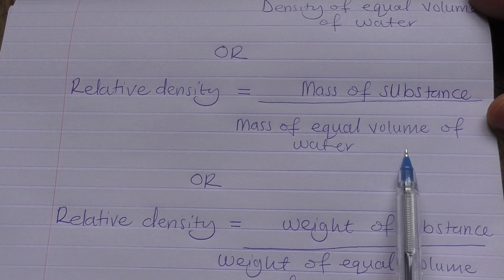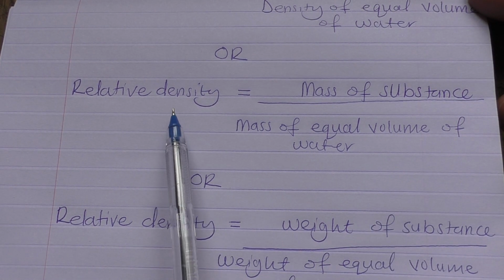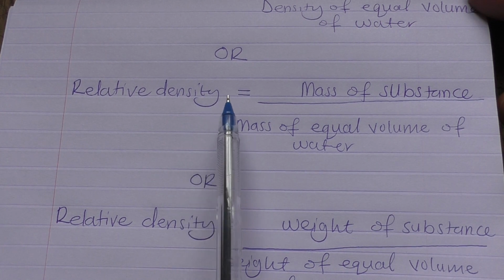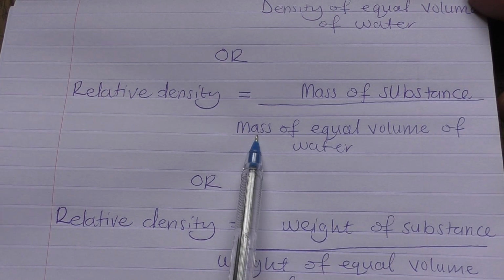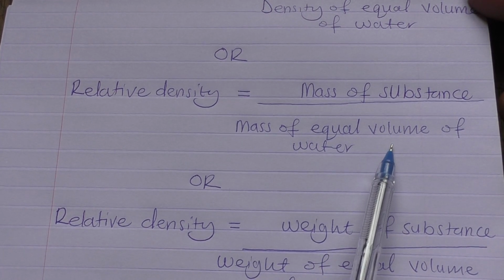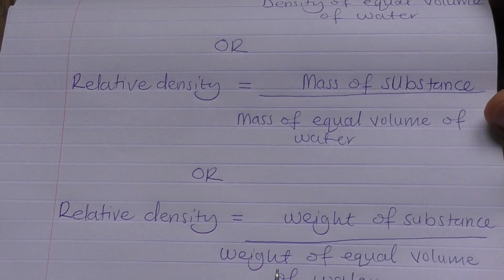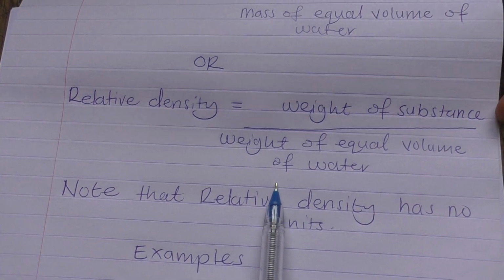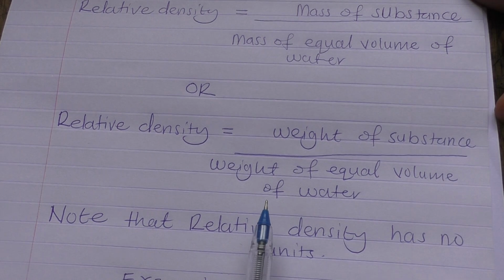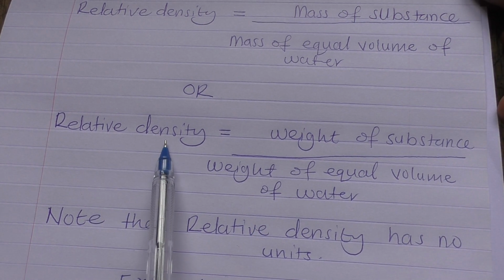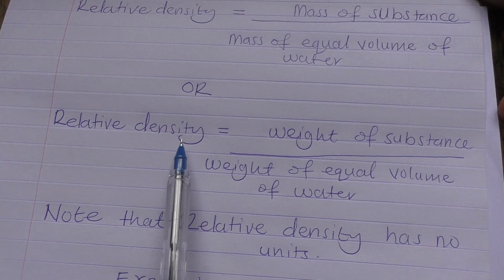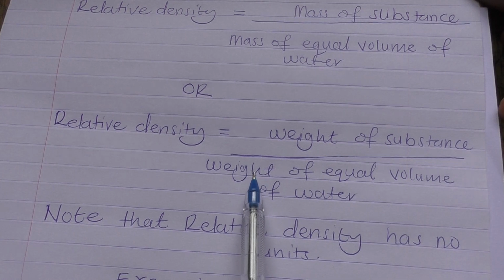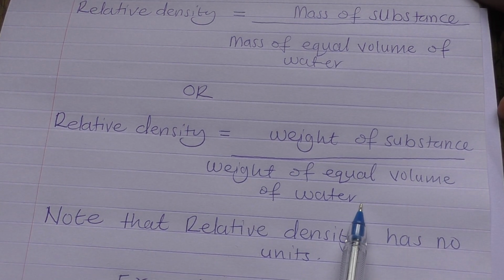From that definition is where we have our second formula of relative density, which is mass of a substance over mass of equal volume of water. Still, we can also define relative density in form of weight, whereby relative density is the ratio of weight of a substance to the weight of equal volume of water.